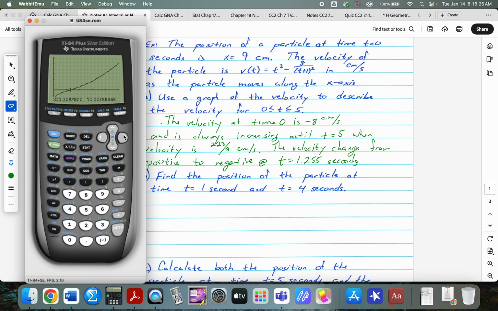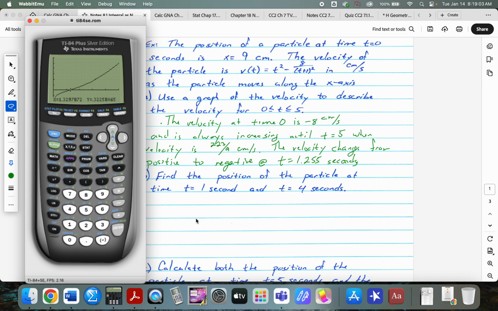Backward. Which way is backwards? Negative, left. It's on the x-axis, so it's moving to the left. So it would be moving to the left until it got to 1.255 seconds. At that point, it stopped, and then was moving to the right. So actually, in this part, it's actually slowing down. The velocity is increasing, but it's getting less negative, so that's actually slowing down. And then the velocity is increasing the rest of the time.